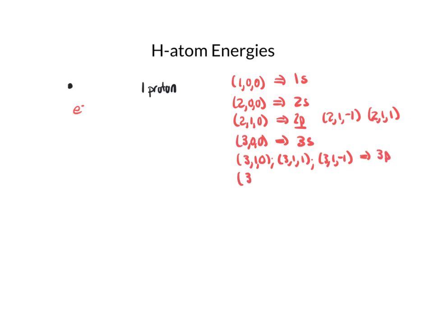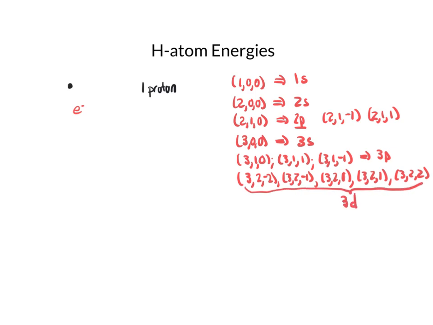Or since when I'm in n equals 3, I can go up to L equals 2, I could have 3, 2, minus 2, 3, 2, minus 1, 3, 2, 0, 3, 2, 1, or 3, 2, 2, and all of these would be 3d orbital distributions. And I could keep going.